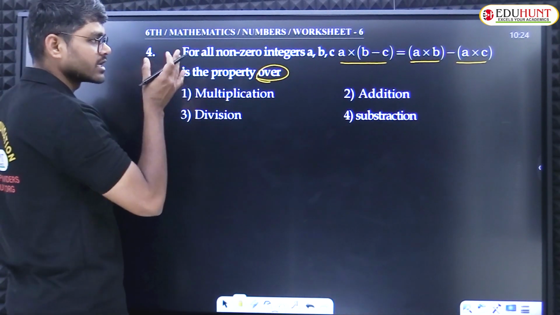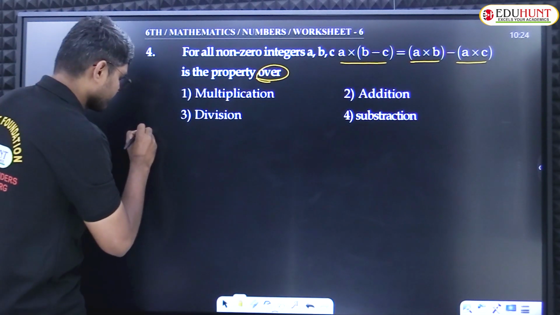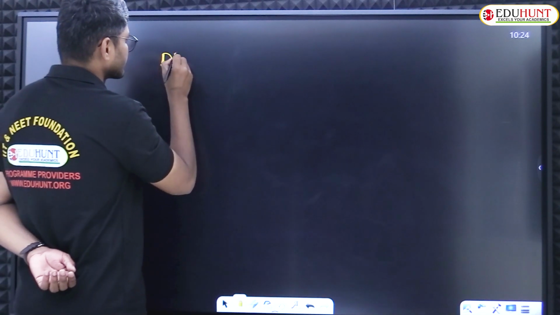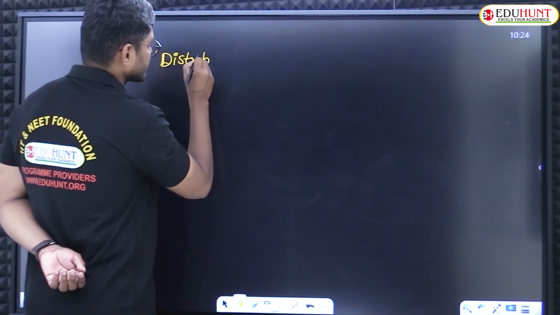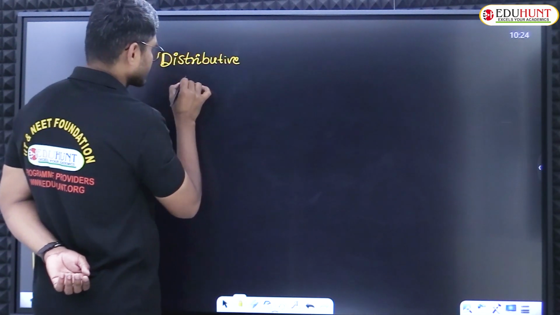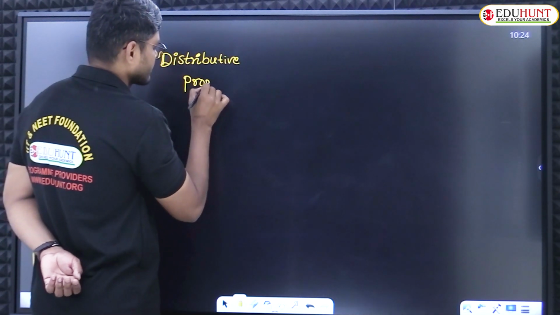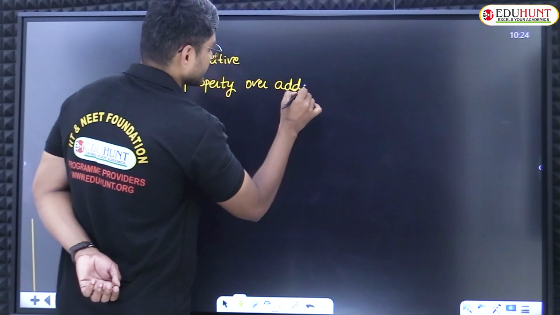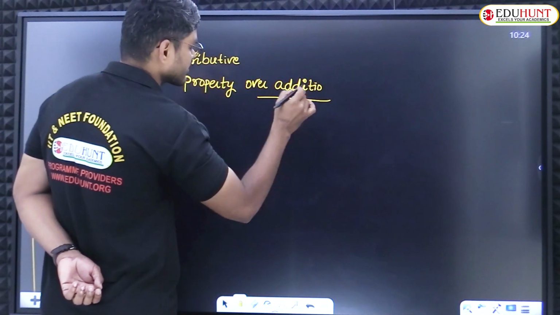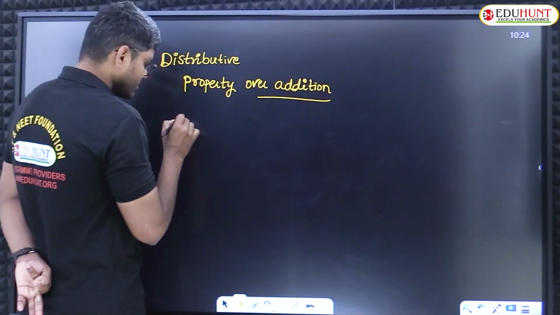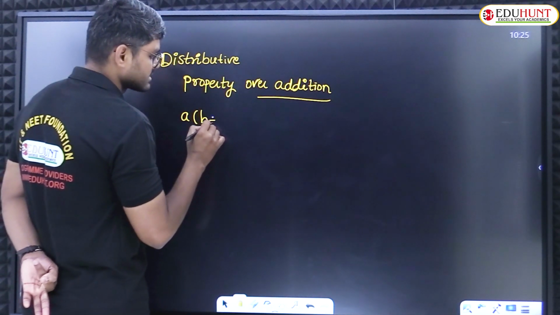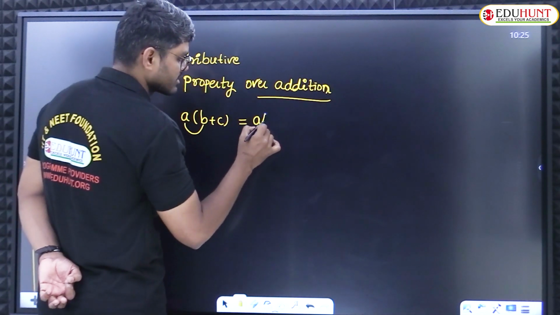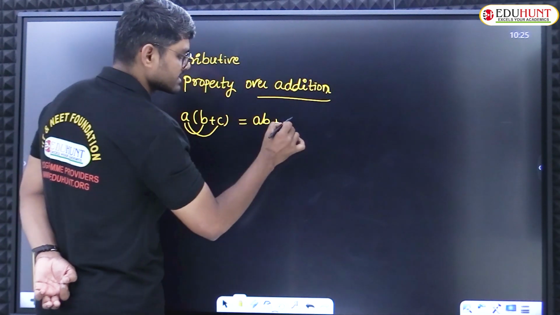What is distributive property over addition? a into b plus c equals, we have to multiply, ab plus ac.